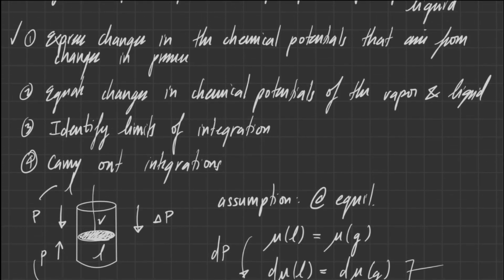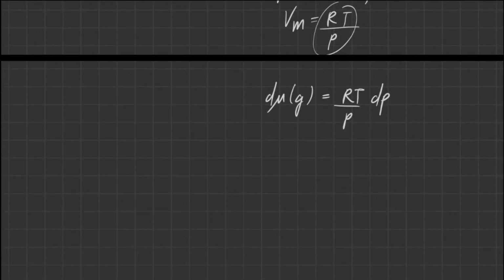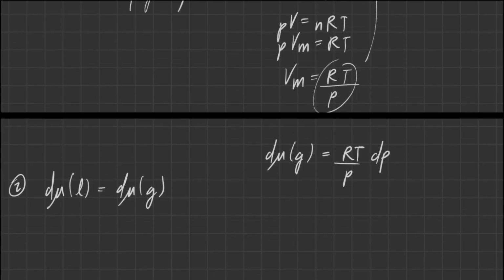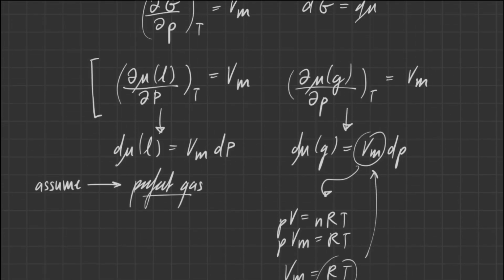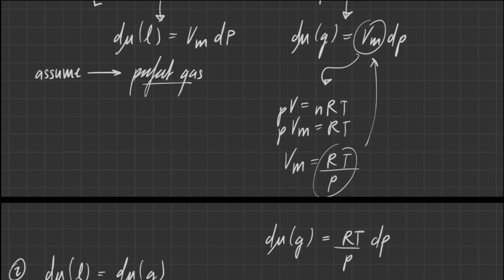So the second step is to equate these changes with each other. It's pretty simple. Just to reiterate, the change in the chemical potential of the liquid is equal to the change in the chemical potential of the gas. Now we want to plug in the prior equations.